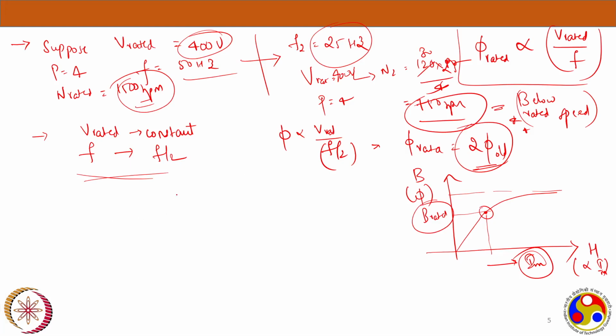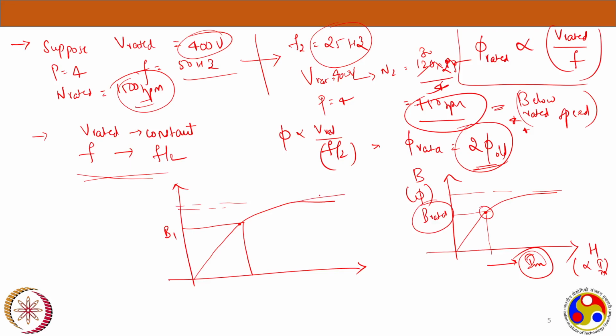So if I look at the BH curve, previously this is the rated requirement, and this is B1, and now it is twice.